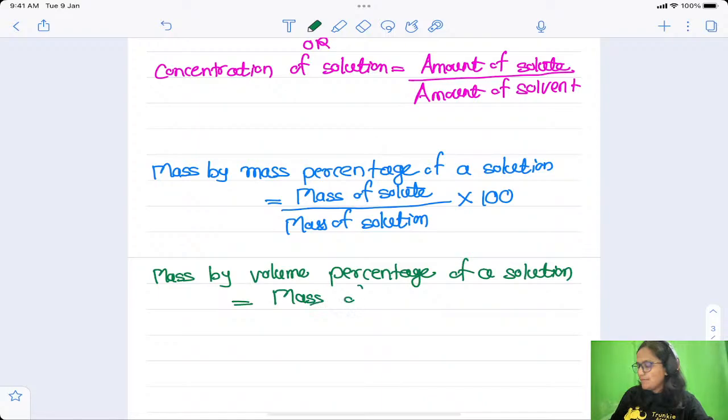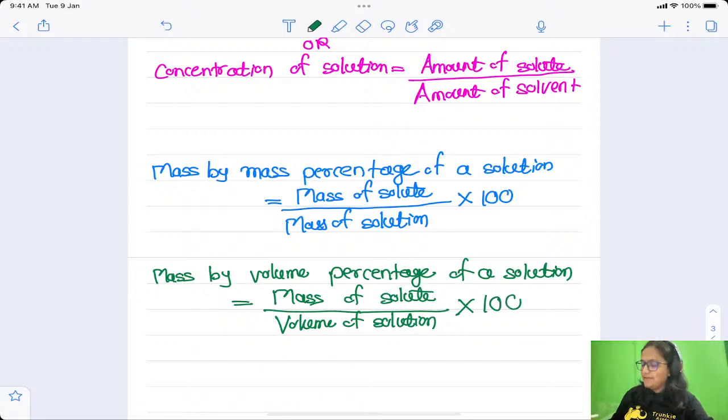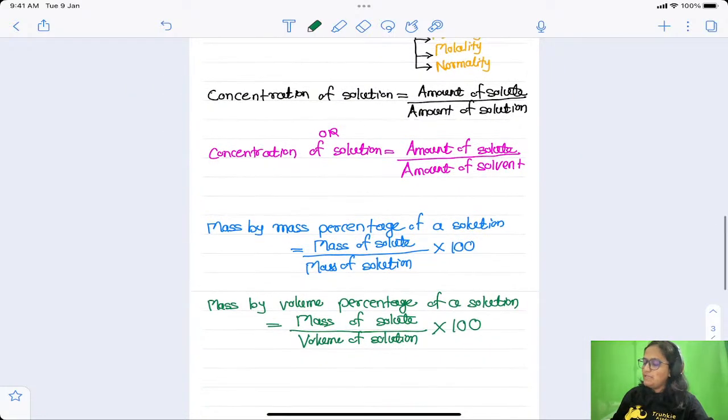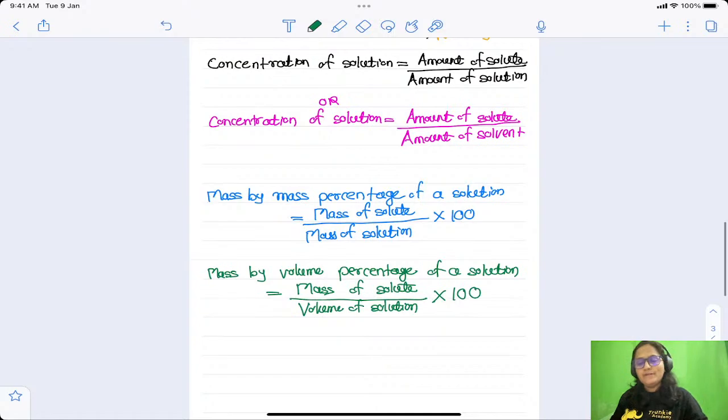Mass of solute divided by volume of solution, as it is a percentage, multiply it by 100. So these are the four main formulas to remember. On the basis of these four formulas only the questions are asked. So you guys can just take a screenshot of this page, and the questions based on this we are going to discuss in the next class.